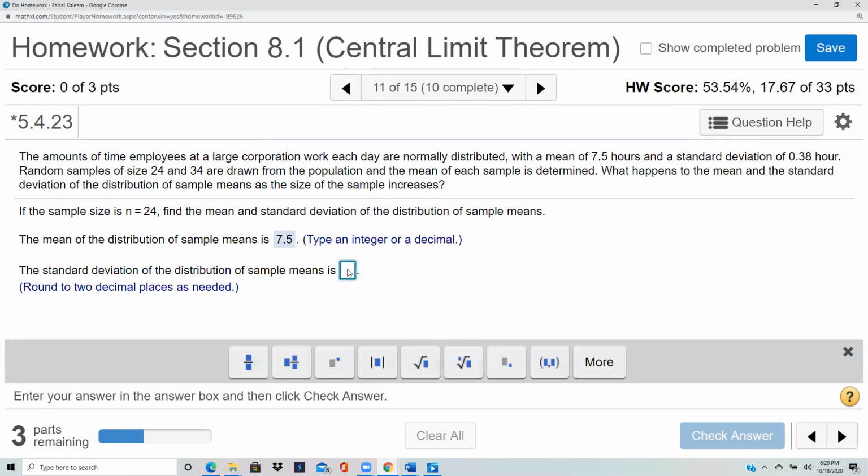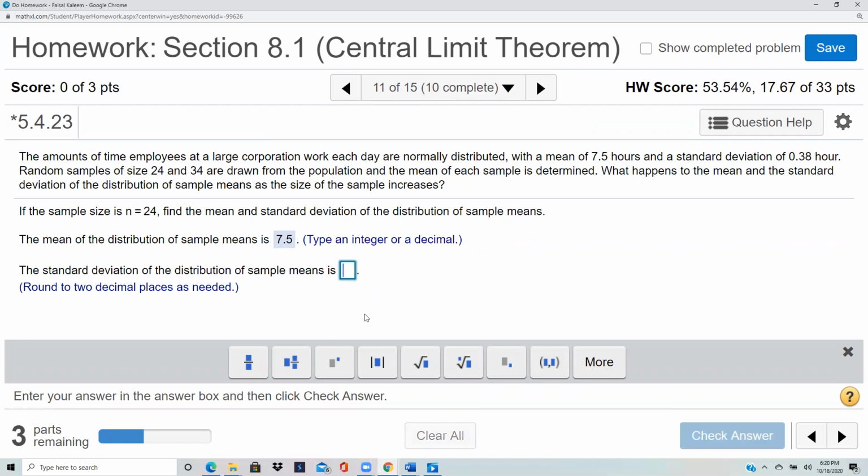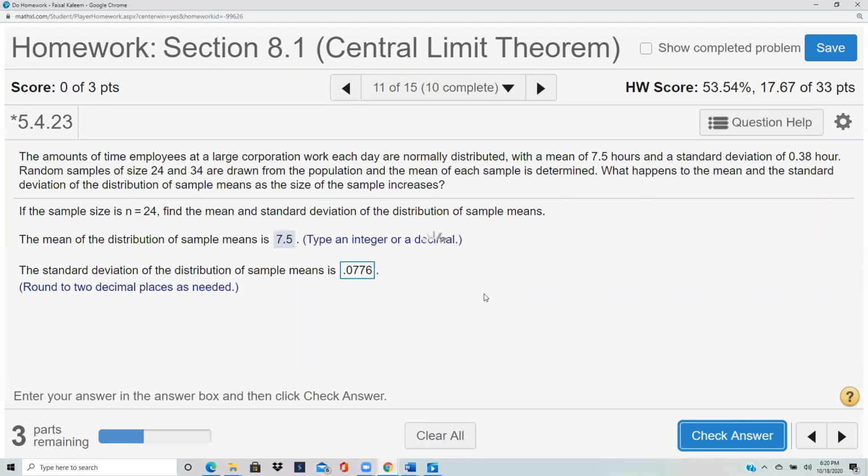The standard deviation will be the original standard deviation divided by square root of the sample size, so divided by square root of 24. 0.38 divided by square root 24 gives me 0.0776. Two decimal places, so 0.08.